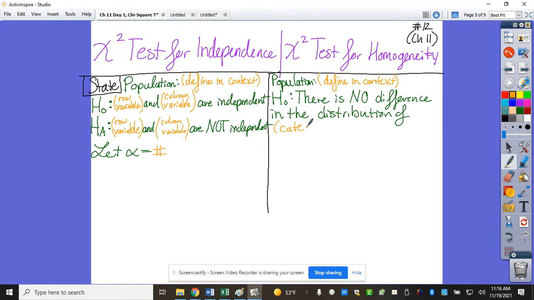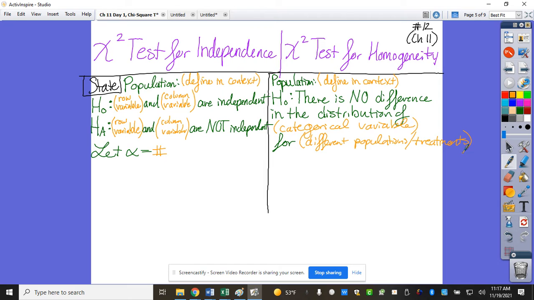Sorry, I didn't leave myself as much room here. For our different populations or treatments. I'm going to run out of room. That's treatments. So this would be like the example I was saying.